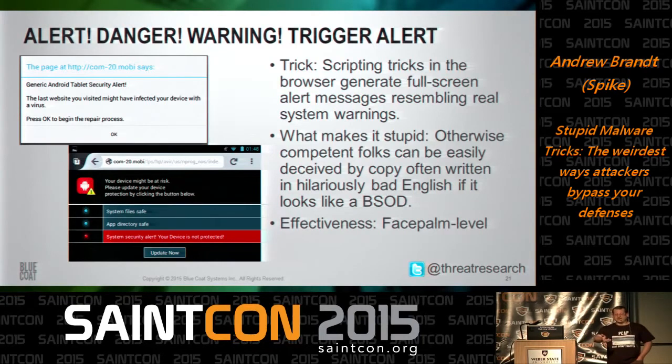So when it displays this pop-up message, which is the one in the upper left, it says generic Android tablet security alert. It's nothing more scary than the generic alert, right? And this is the most effective way of getting rid of these things. Close the browser. It's not going to do anything bad, especially if it's these fake Windows support things. Just close the browser. Kill it.